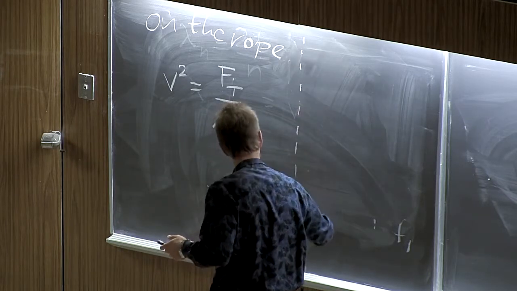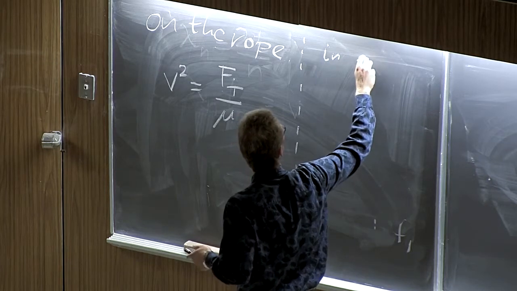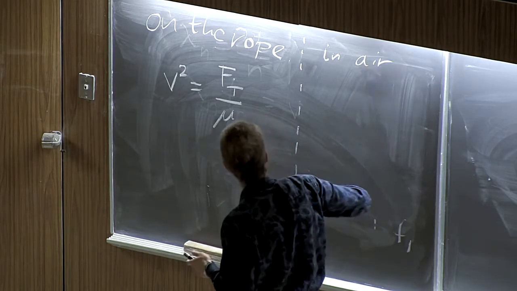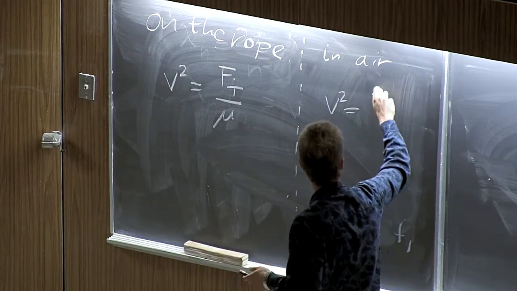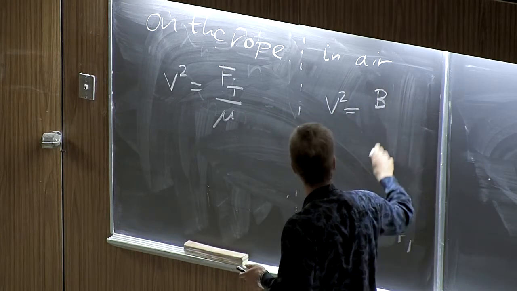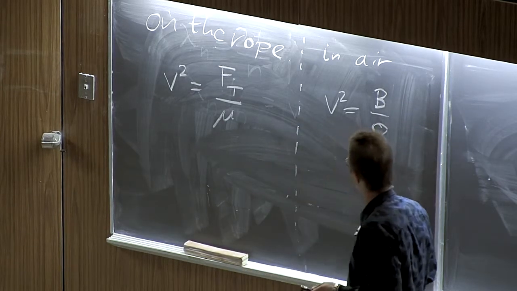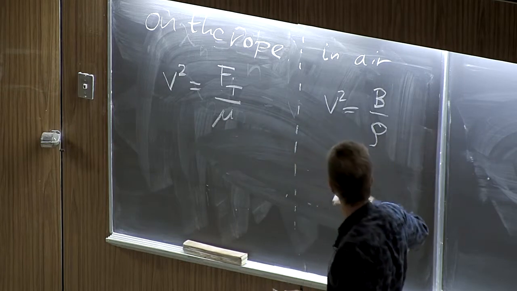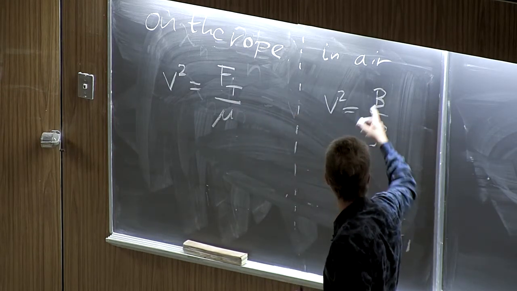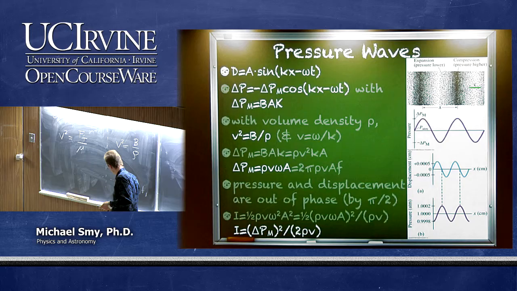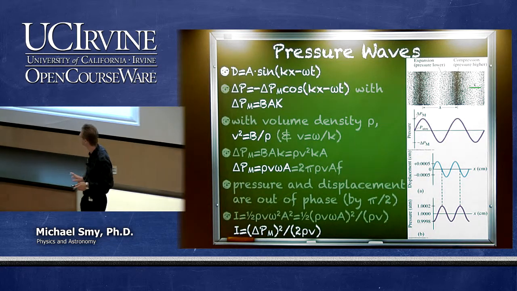And in air, for example, we have the velocity square equals this bulk modulus divided by the volume density. So the linear density becomes a volume density, and the tension force is replaced by this bulk modulus. So that plays that same role of sort of keeping the medium taut.